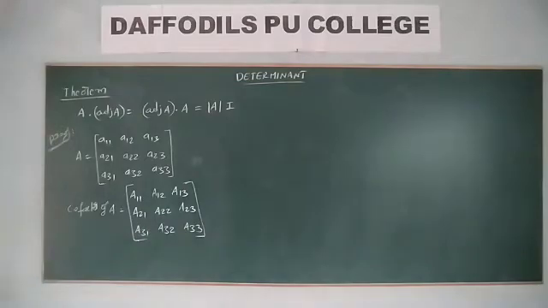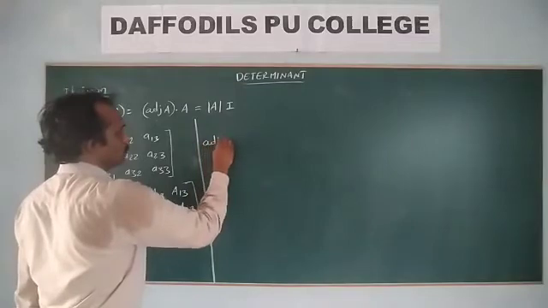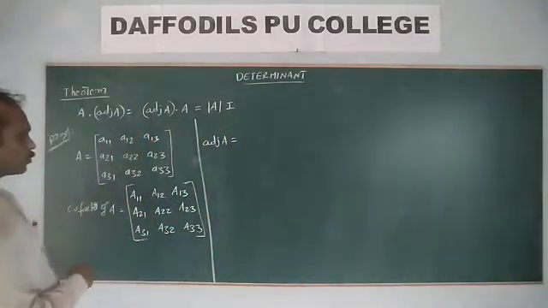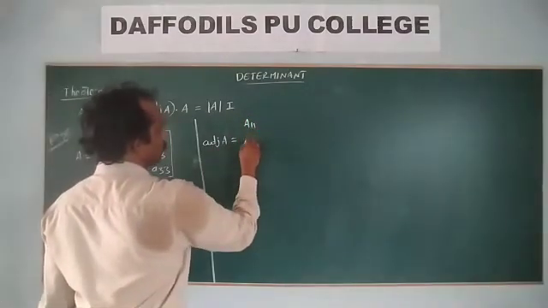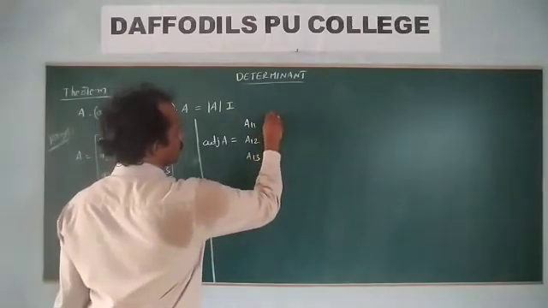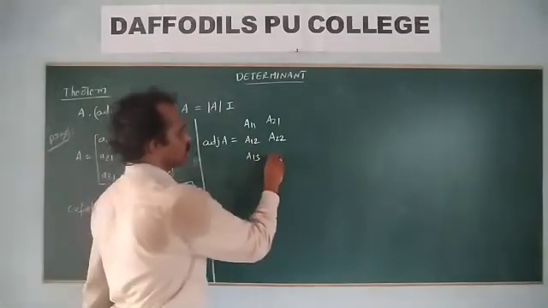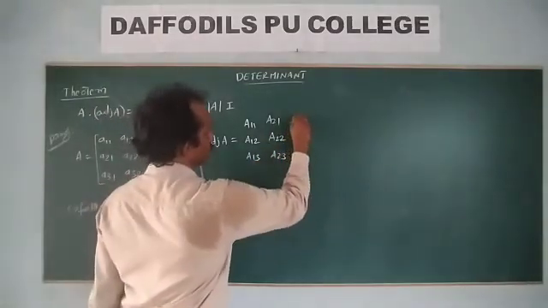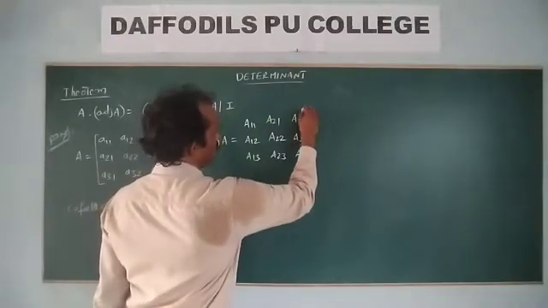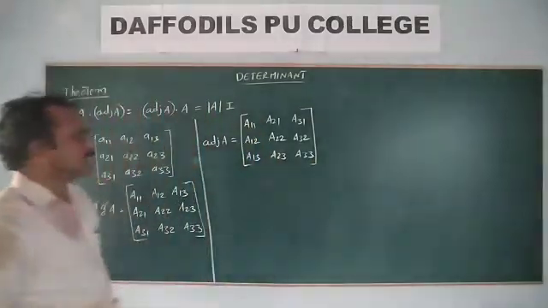Right. Adjoint: what is adjoint? Adjoint is the transpose of the cofactor matrix. Transpose of these cofactors: A11, A21, A31 in the first row and so on. This is the adjoint.